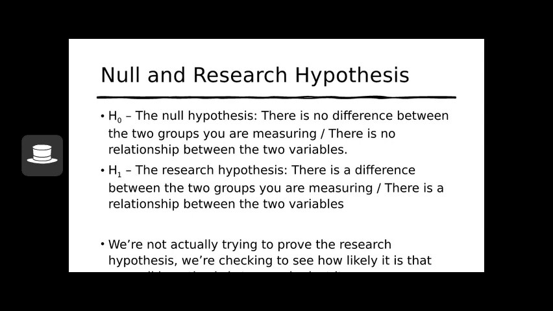But statistically, there's a chance that there's no relationship between our two variables, right? So we're trying to reject the idea that any results that we get are due to chance. So even if we find significant results in our study, it could just be because we got a weird sample, right? If we are trying to see if there's a difference between people who sit in the front row versus people who sit in the back row, I could have just happened to get a very dumb back row and a very smart front row.